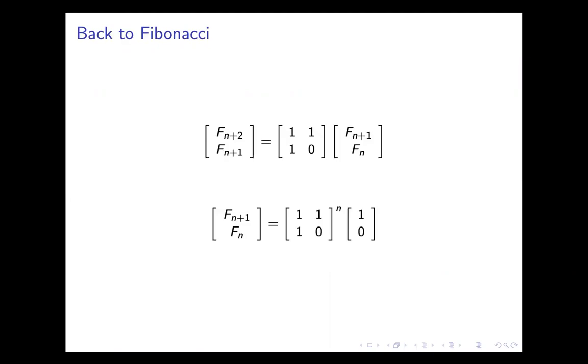Okay, let's get back to Fibonacci. Remember, we wanted to calculate what happens in n steps, or in many steps. One step is controlled by the matrix 1, 1, 1, 0. N steps are controlled by this matrix to the nth power.